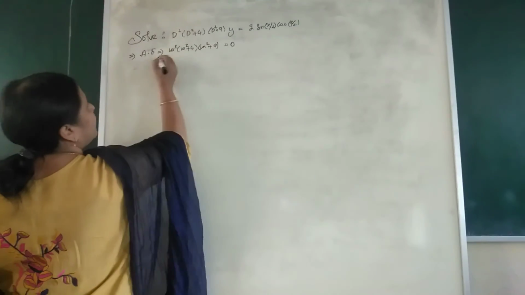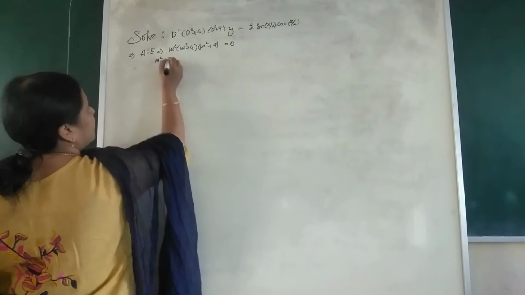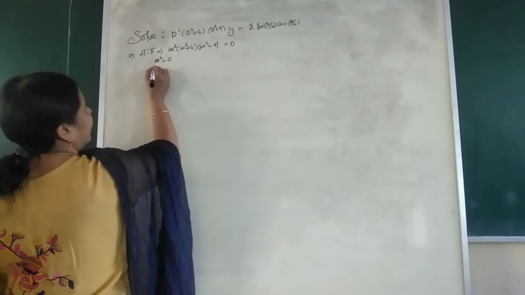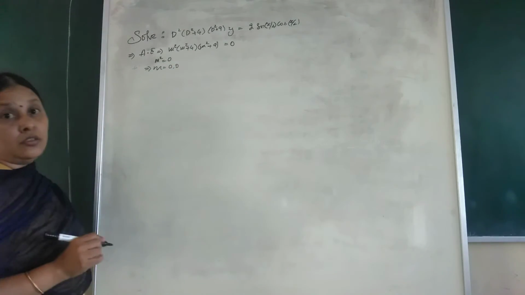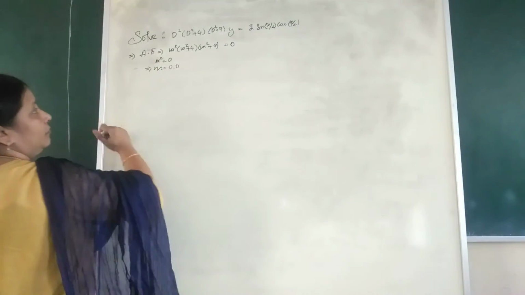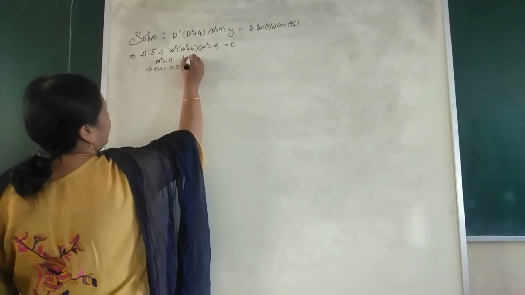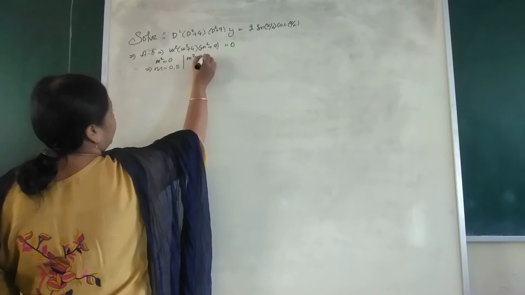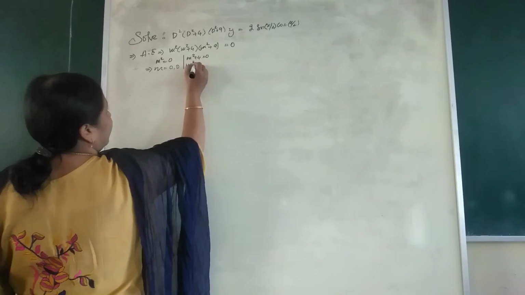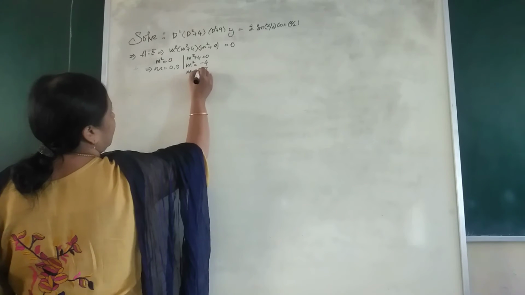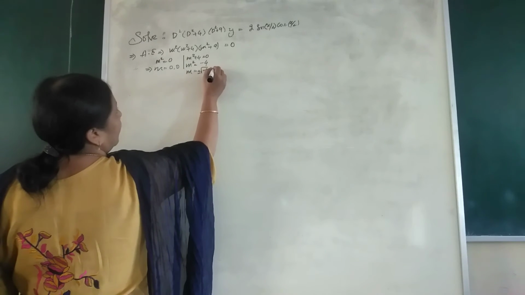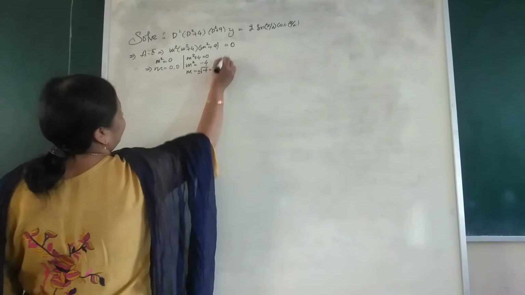You have to put each term equal to 0, m square equal to 0. We get m is equal to double times 0 because it is the quadratic term. Next, putting the second term equal to 0, we get m square equal to minus 4. M is equal to under root of minus 4 with a plus minus symbol. It's going to be plus minus 2i.